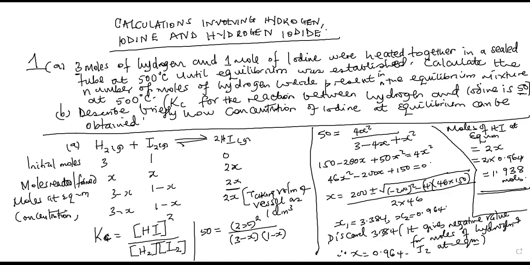And that is it. Part B, they want us to explain how the concentration of iodine at equilibrium can be obtained. If you understood the experiment that we used to determine the Kc for the reaction between hydrogen and iodine to form hydrogen iodide, there is a point where we break the tube under potassium iodide, to dissolve the iodine.